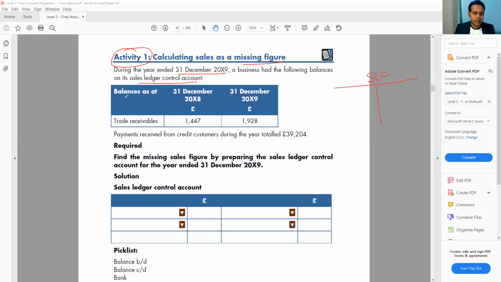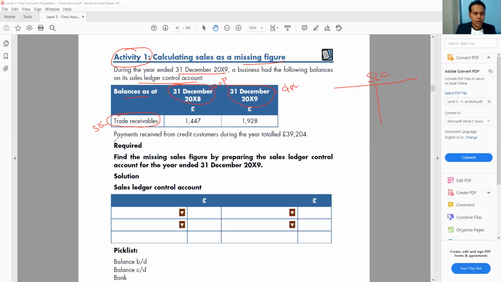Then they gave the balance as at 31st December 2008 and 31st December 2009. So we can understand this is the opening balance and this is the closing balance. That's for the trade receivables. Trade receivables and sales ledger control are the same thing.